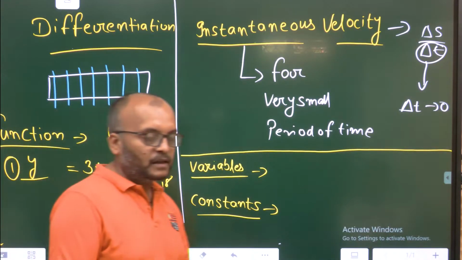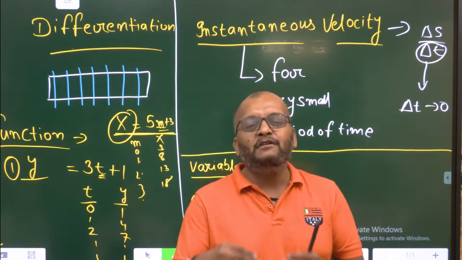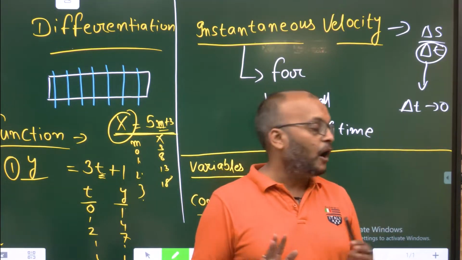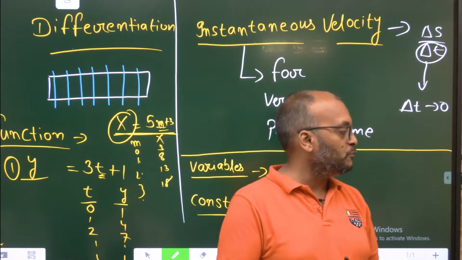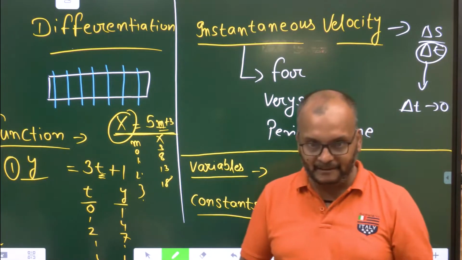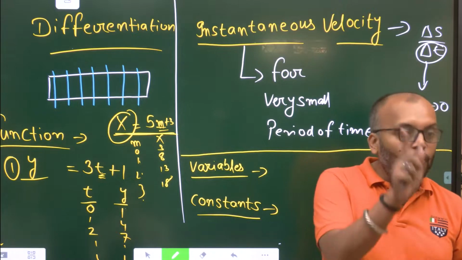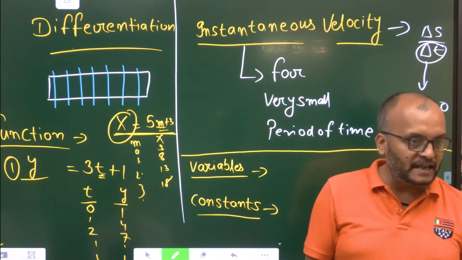Okay? Now, if I say 5, whatever question you do, even after 10 years, 5 will remain 5 only, it will not have any other meaning. Meaning of 5 is 5, meaning of 10 is 10, meaning of pi is pi, 22 upon 7.